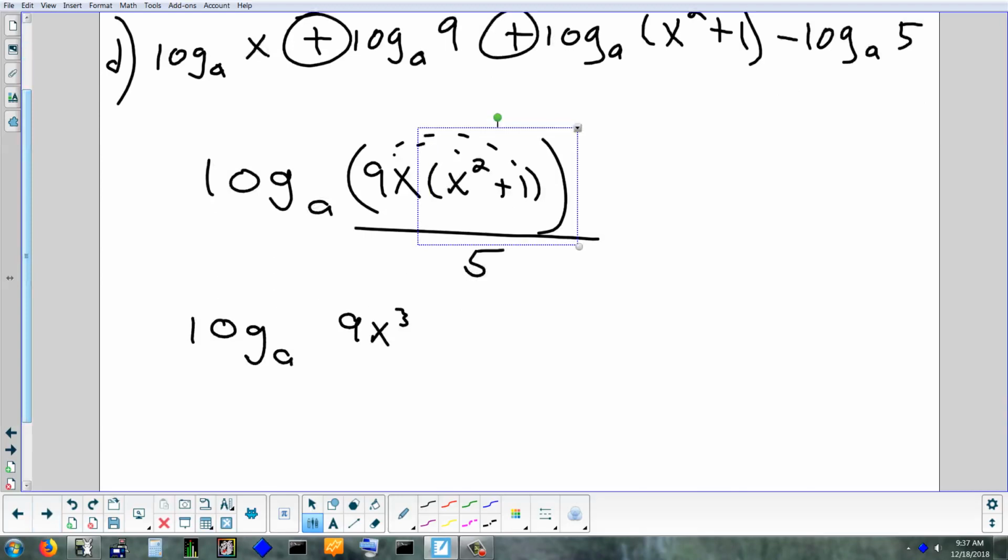And then 9x times 1 is just 9x, over 5. So they could do it that way too. Okay, and that's pretty much as bad as it can get for recombining logs. Any questions on that one?